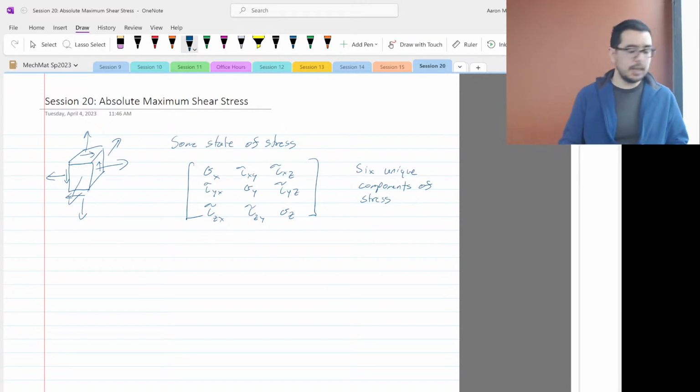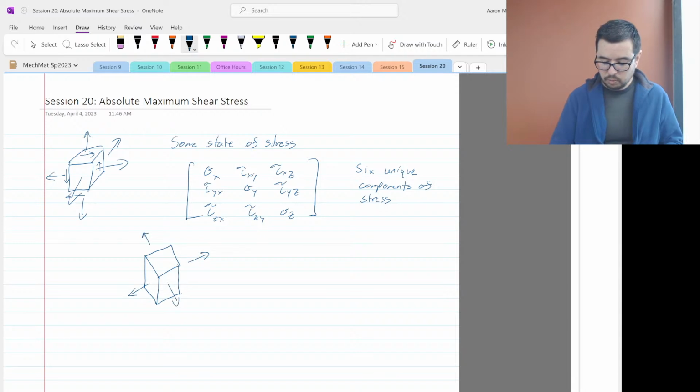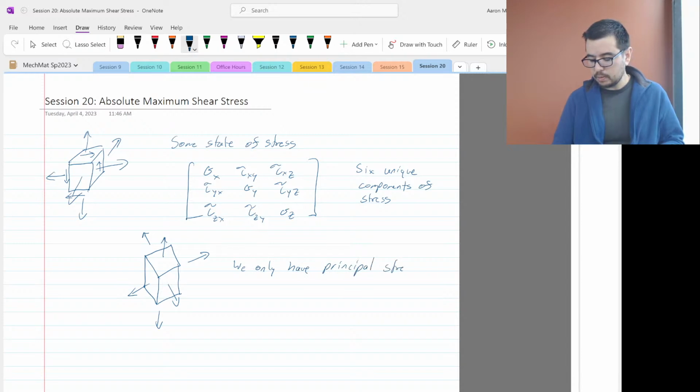And what we're saying is that we can get to some new orientation such that we only have principal stresses at some transformed orientation.